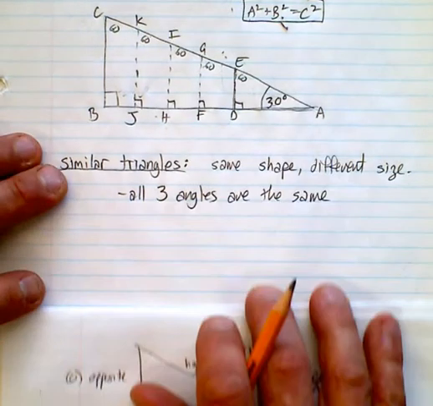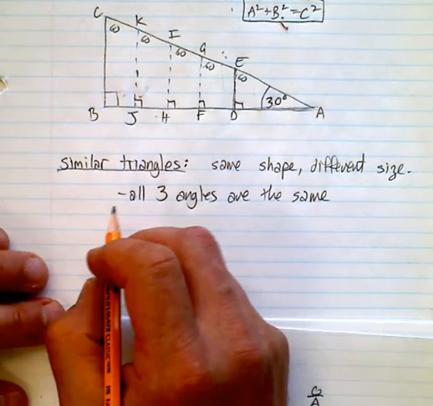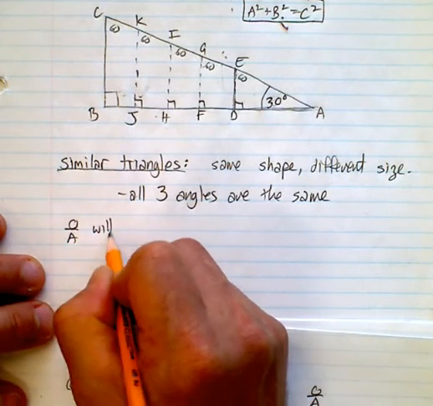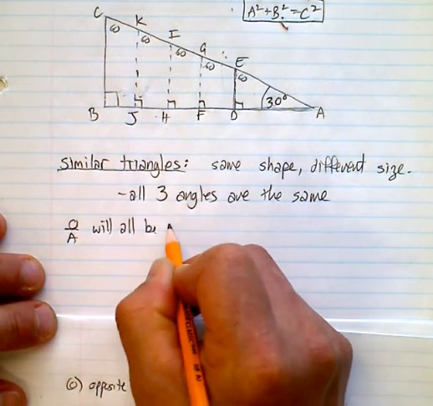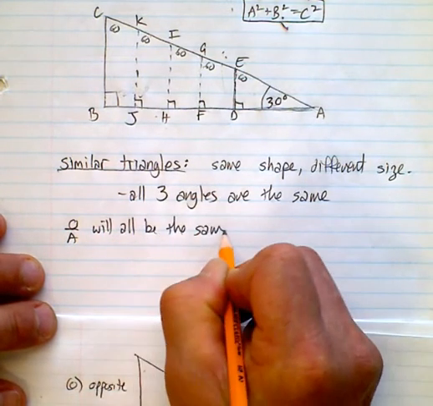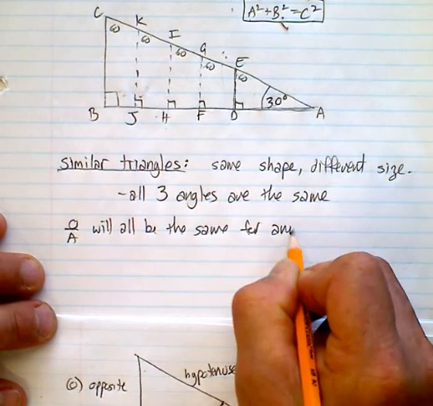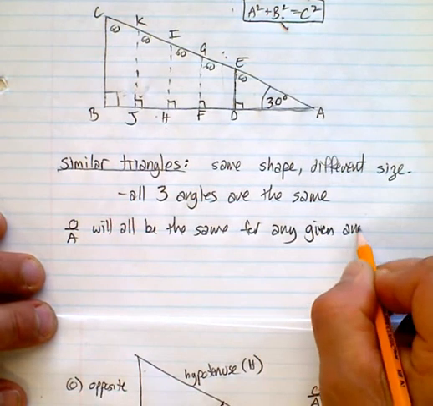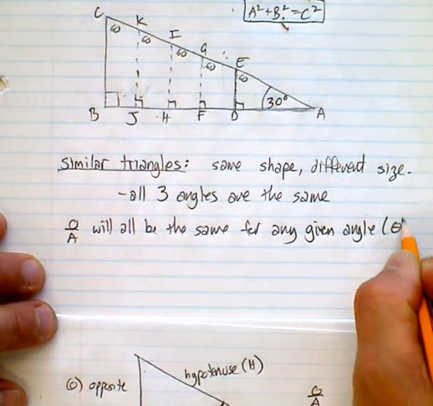So what we can do here is look at this. The ratio of the opposite over the adjacent will all be the same for any given angle, and what we use to represent an angle is theta.